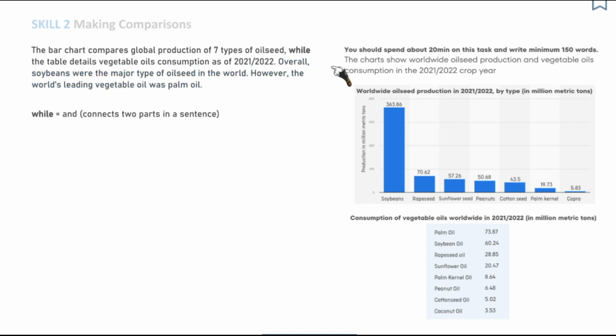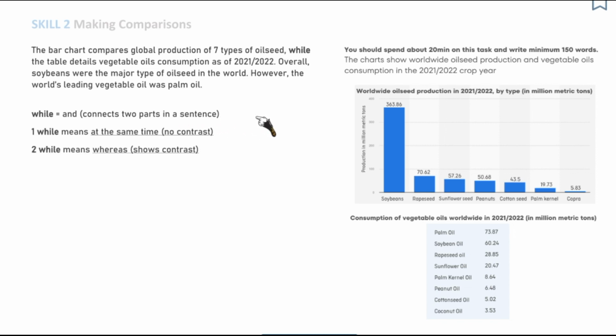To write the introductory phrase, which is a paraphrase of the description that we have here, I have used the linking word while. The meaning of the word while here is and. It is very similar to and it's a very good option, a very good linking word to connect 2 parts in one sentence.